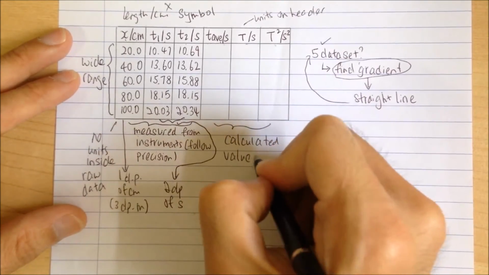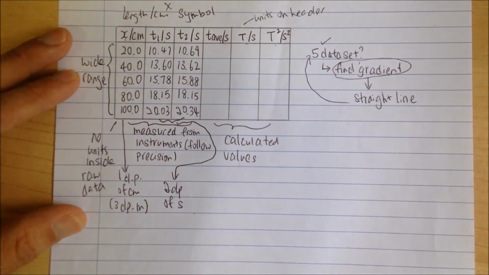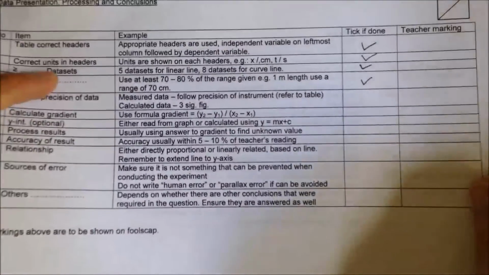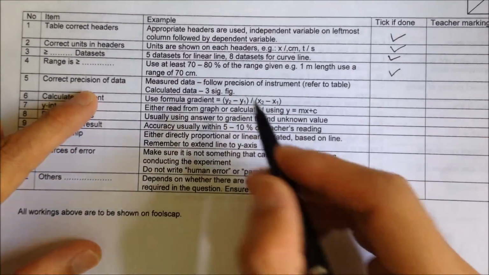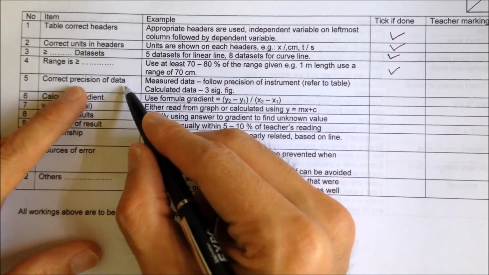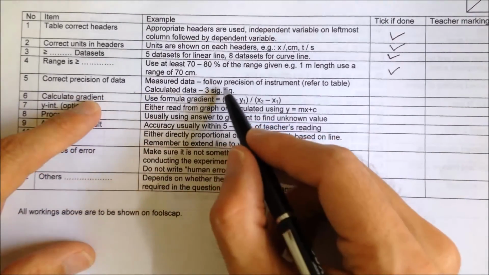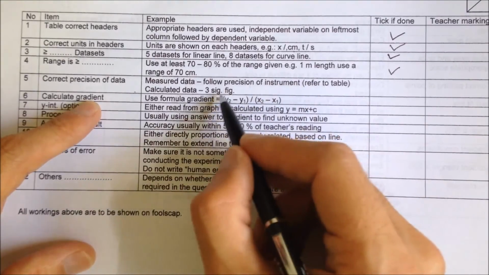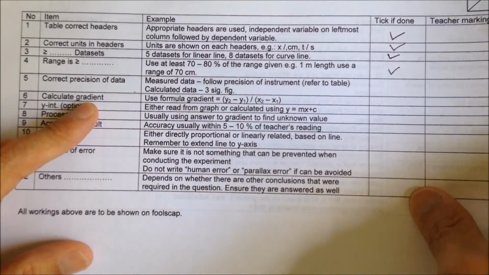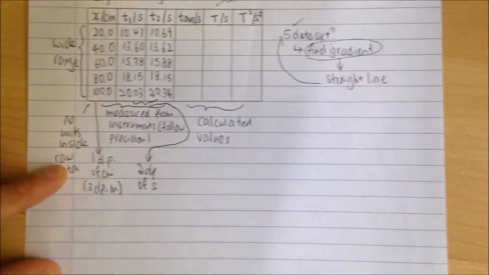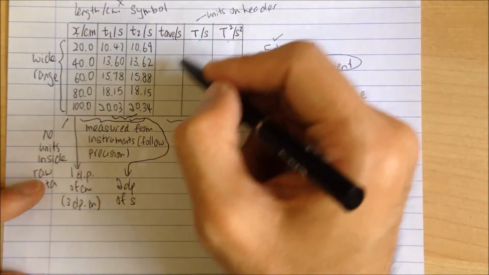So if they are calculated values, if you look back at your rubrics, you will realize that under item 5, measured values follow precision of instrument, but calculated values, we will always put 3 significant figures. All right, so all this data need to be in 3SF.